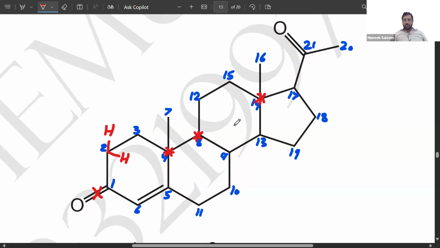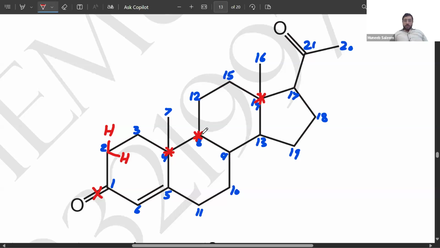These were the 3 chiral carbons. Now this one as well. This is the 4th one. This is the 5th one. And this is the 6th one.